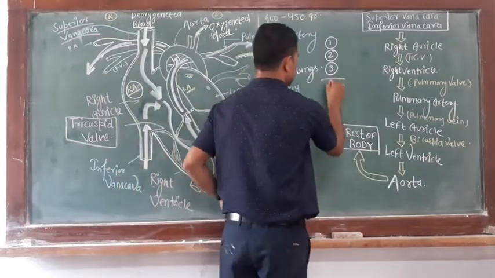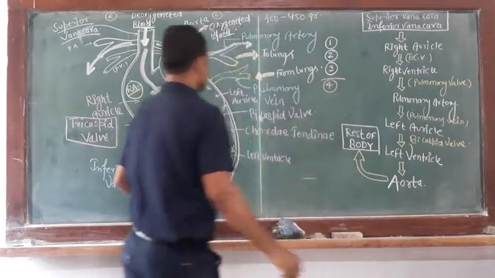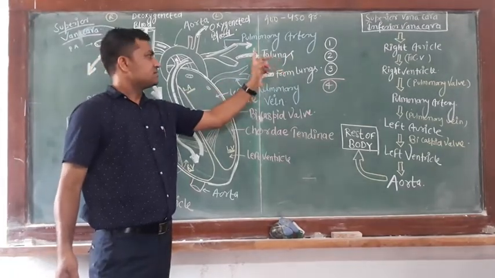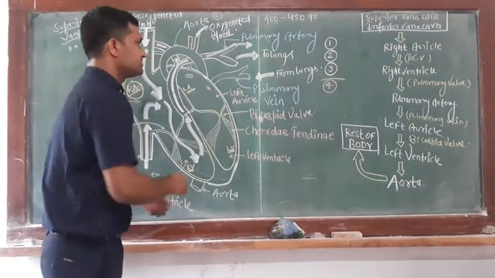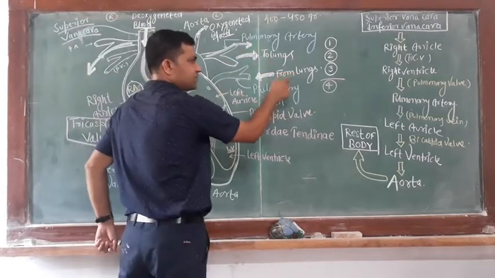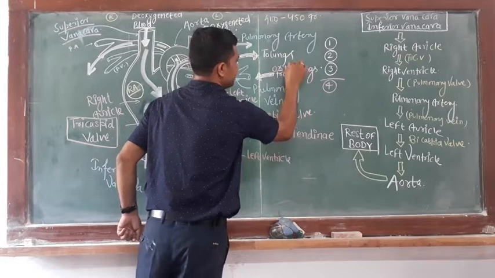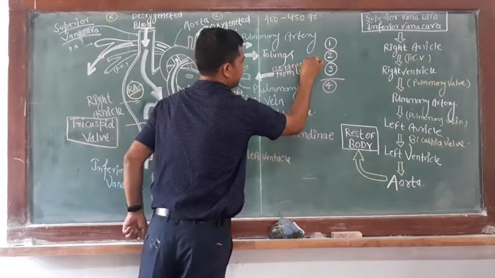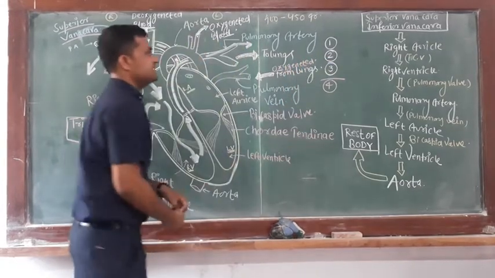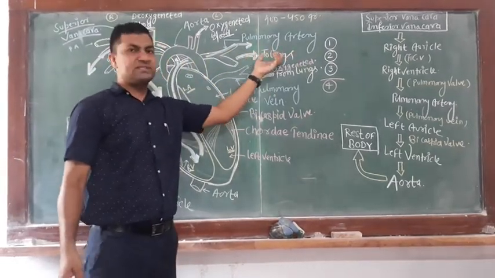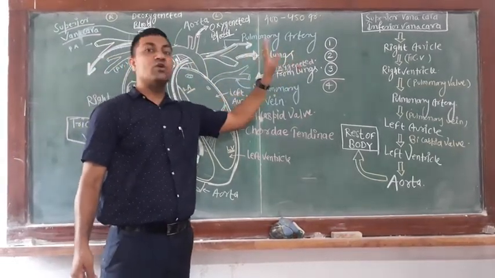Then after, fourth stage. Fourth stage means blood goes into the lungs. So blood comes from the lungs oxygenated. Blood goes into the lungs, makes contact with oxygen and converts into oxygenated blood.